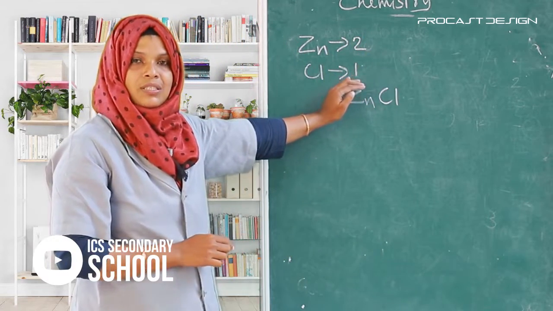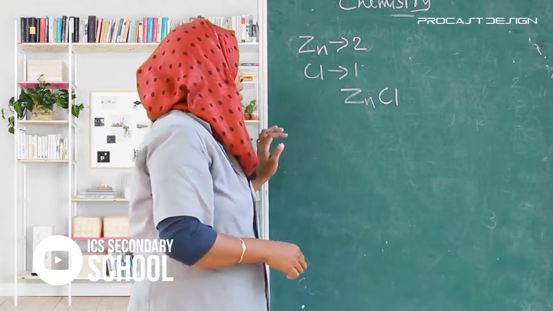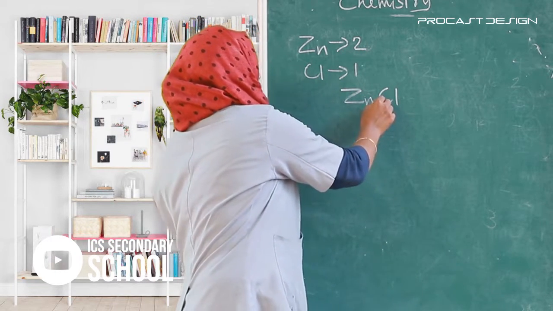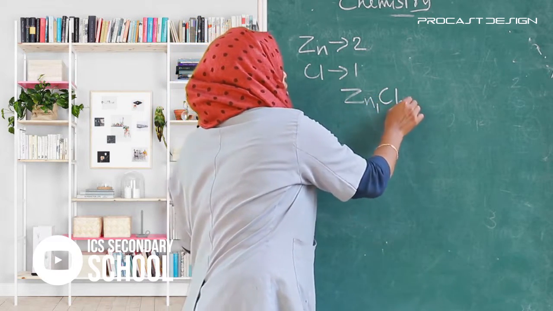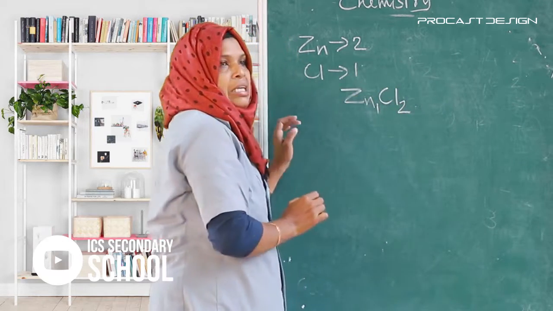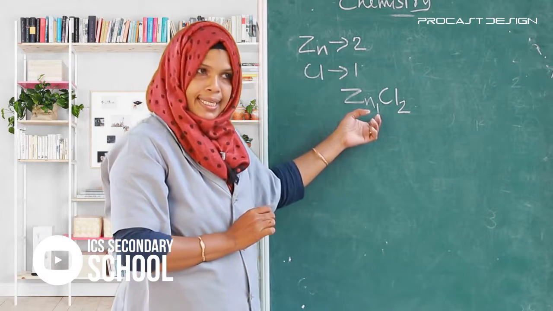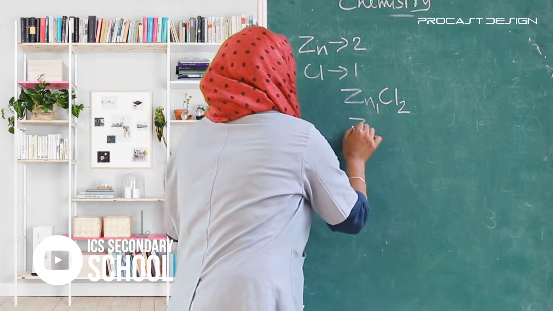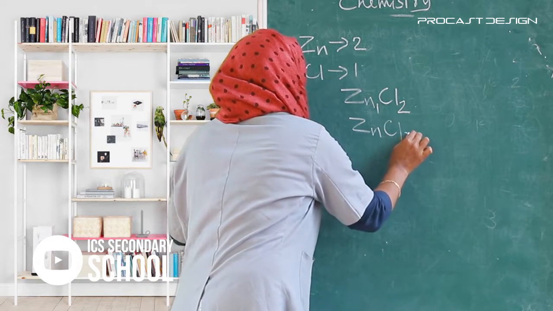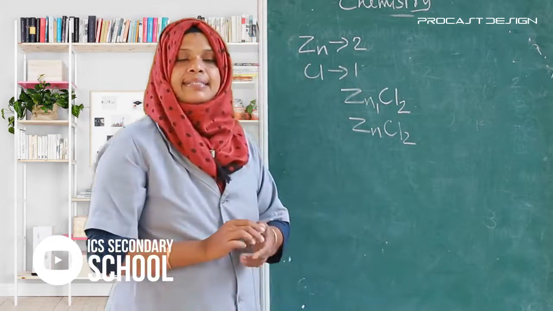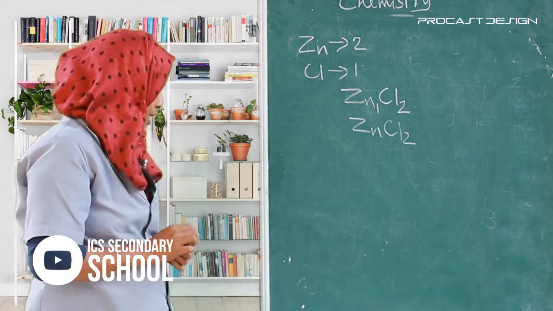Interchange the valencies. Then put zinc 1, Cl 2. If there is a 1, it need not be written. The chemical formula of zinc chloride is ZnCl2.